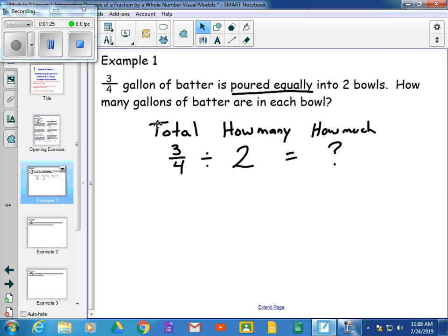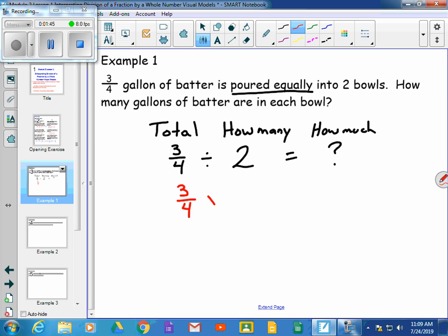Now, if you remember from the opening exercises, we can solve a division problem, especially division problems that involve fractions, by changing it to a multiplication problem. We keep the first number the same, 3/4.